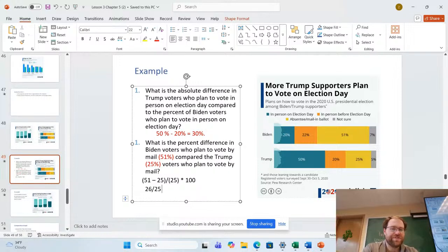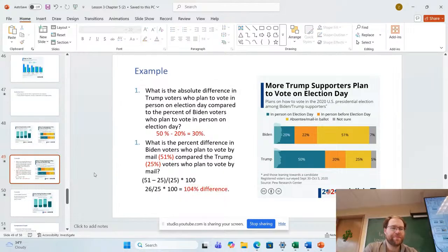So 26 over 25 times 100. 104% difference. So being able to determine percent difference is going to be a key thing with these graphs.